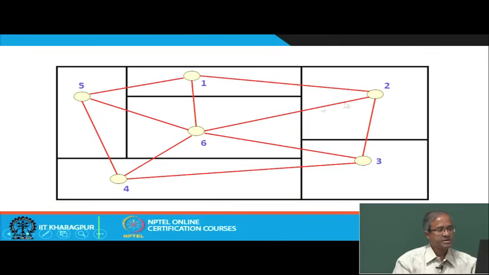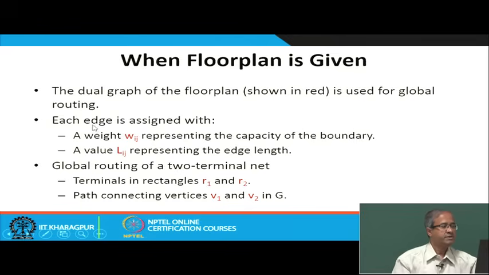Each rectangular region corresponds to a vertex. There will be an edge between two vertices if there is a common boundary between the regions. Between 5 and 1 there is a common boundary, 5 and 6 there is a common boundary, and so on. So, this dual graph can be used for global routing.